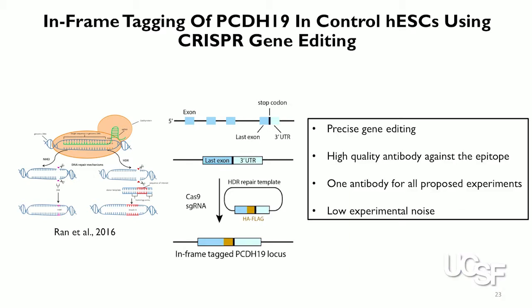As I said before, this is really precise gene editing, so we are really just putting this tag into PCDH19, not other PCDH proteins, and HA and FLAG have really high quality antibodies. We can specifically identify where PCDH19 is, and another advantage of this system is we could use this one antibody for all-purpose experiments to reduce experimental noise, like biochemical studies, cellular studies, and molecular studies.